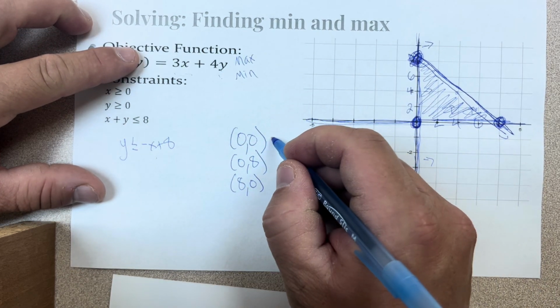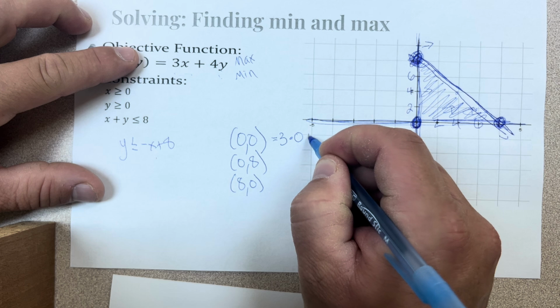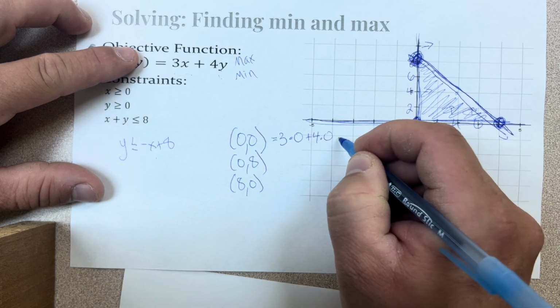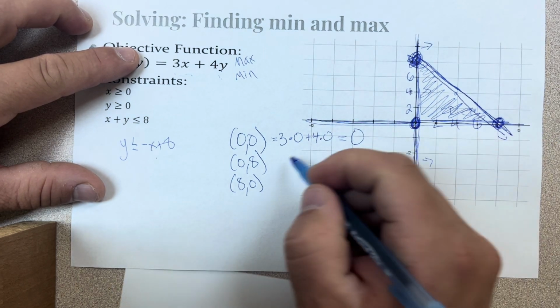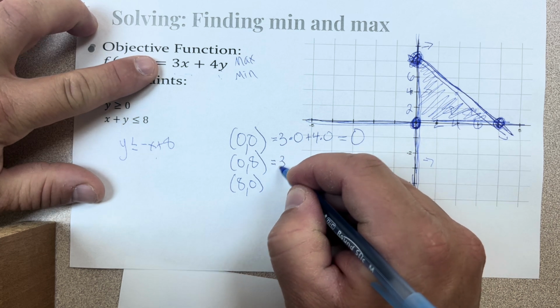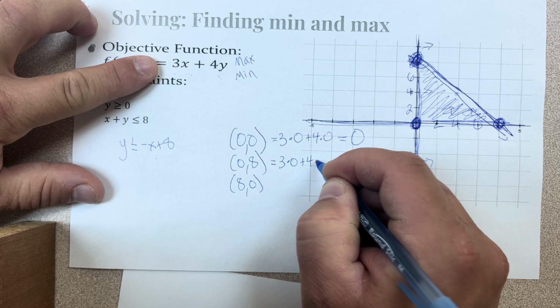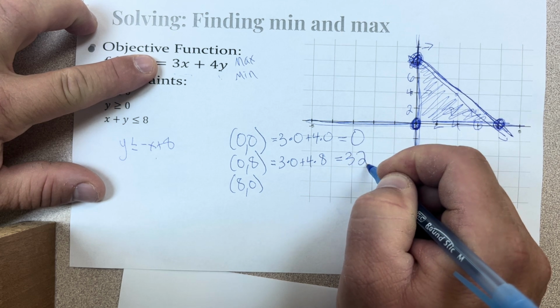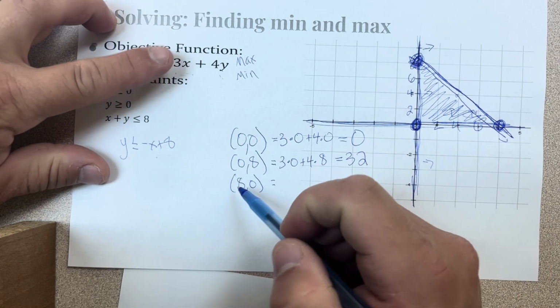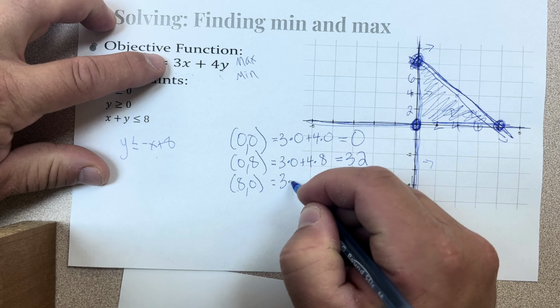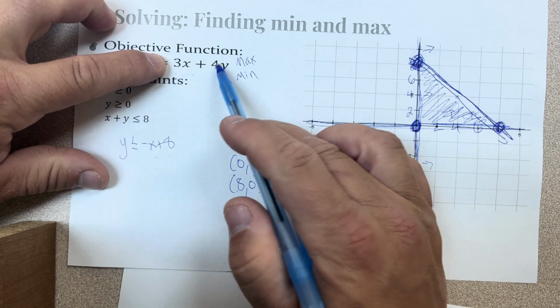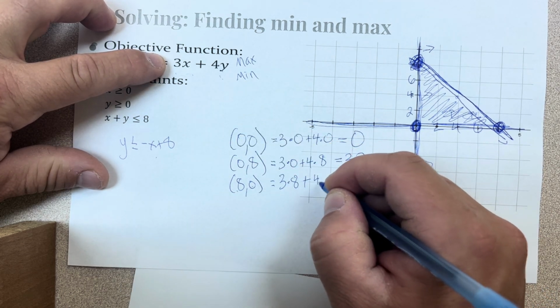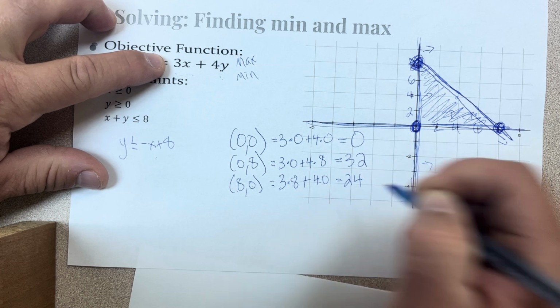So for the first one, well, 3 times 0 plus 4 times 0 would just be 0, okay? Here we would have 3 times 0 plus 4 times 8, which would be 32. And this one here, again, we're taking 3 times our x value, so 3 times 8 plus 4 times 0 would be 24, okay?